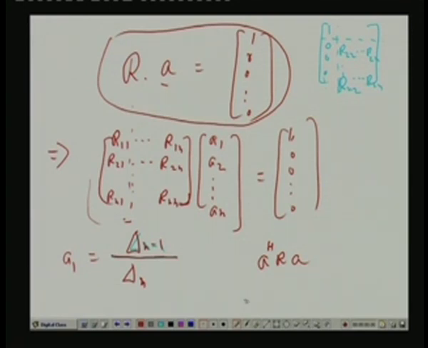And what do I get? Just think over it. I give you a minute. Think over it. A Hermitian R A. A Hermitian is nothing but the vector A transposed and conjugated.